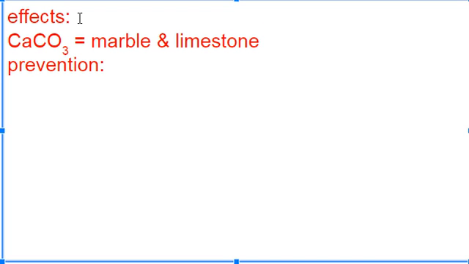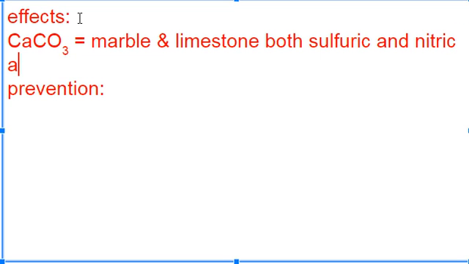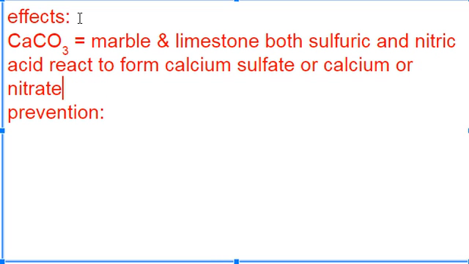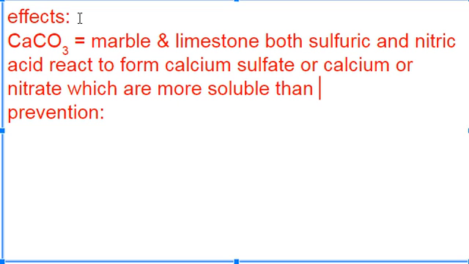And the big effect on CaCO3 is both sulfuric and nitric acid, being strong acids, react to form calcium sulfate or calcium nitrate, which are more soluble than the CaCO3.